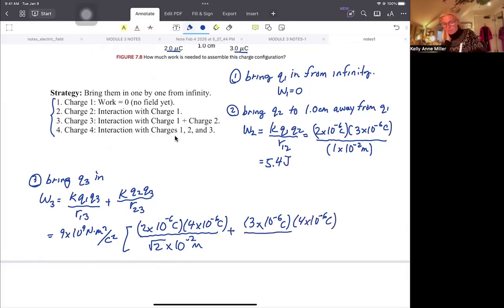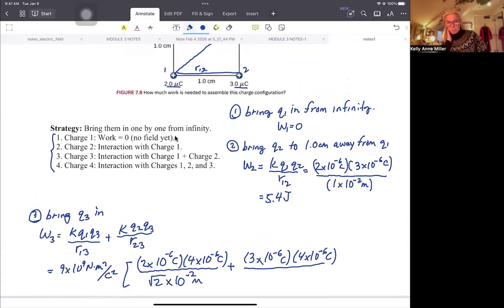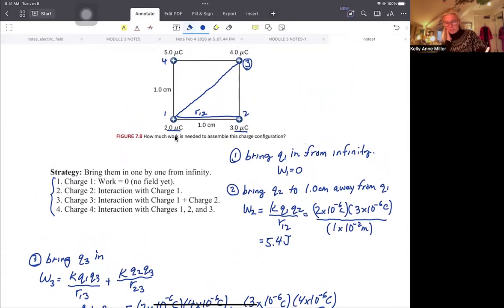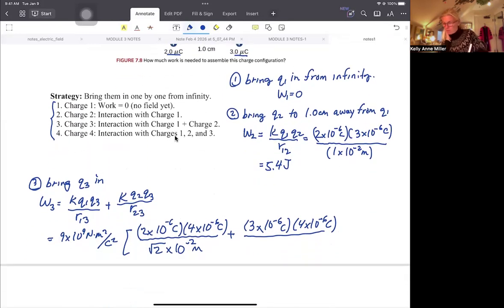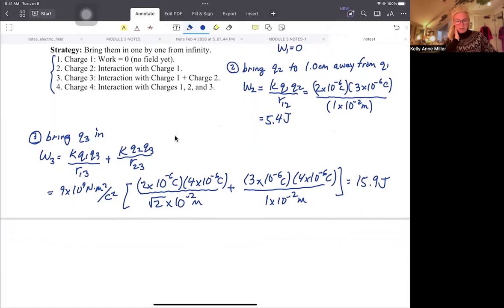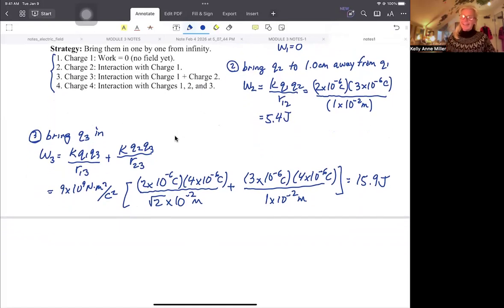And then that's just divided by this distance here, right? And that's just 1 times 10 to the negative 2 meters. Okay, and that should get you around 16 joules. Okay, I think you guys see where this is going. It's a little tedious, to be honest.